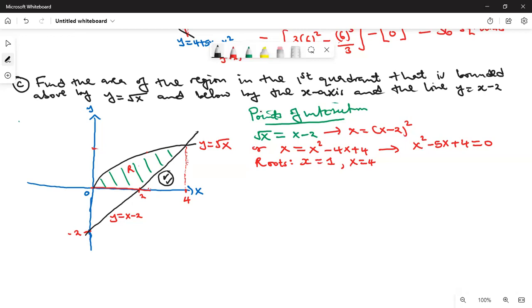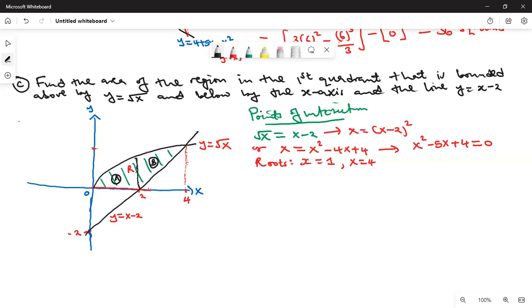Another way, you can partition your region into 2 regions. So let me rub the ticked area. You could also partition this region into two parts, so that you can call this area A, this left side, and this is area B. So area A, you integrate y is equals to root x from 0 to 2.